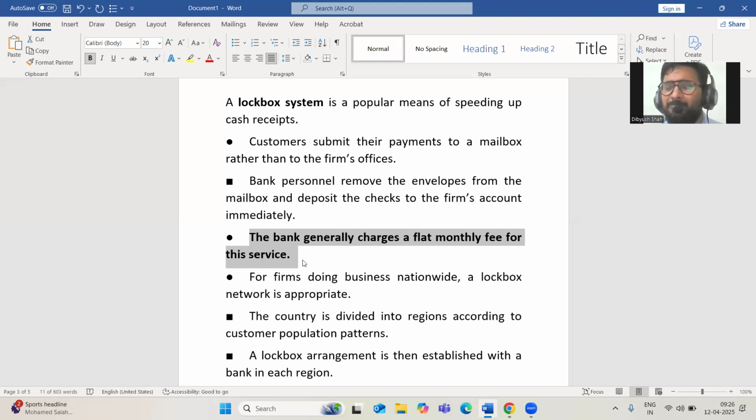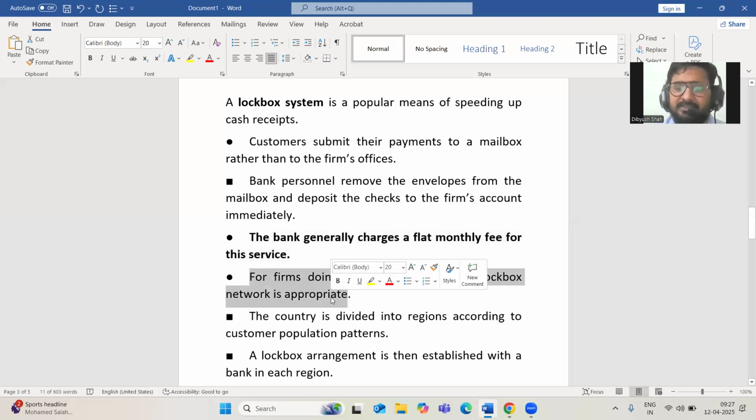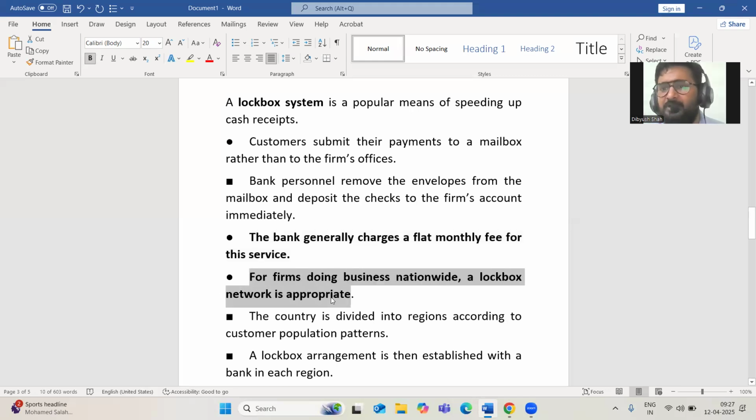It means customers, instead of mailing checks to your offices, will directly deposit them to that bank designated lockbox. The bank will directly collect the checks from that lockbox and deposit them to your account. Money will come in quickly, maybe by 2 days, maybe by 3 days. For any company doing business nationwide, a lockbox system is a very appropriate way.